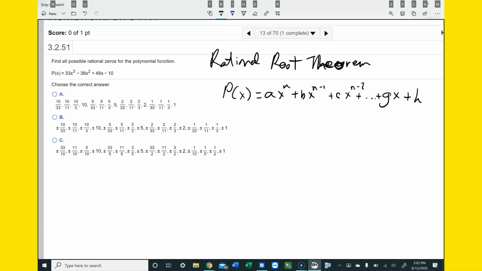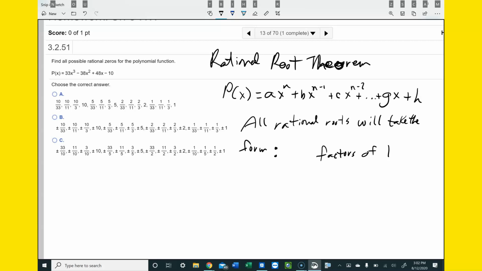All of the rational roots will take the form: the factors of the constant term at the end, which I'm going to call h, divided by the factors of the leading coefficient, which I'm going to call a.